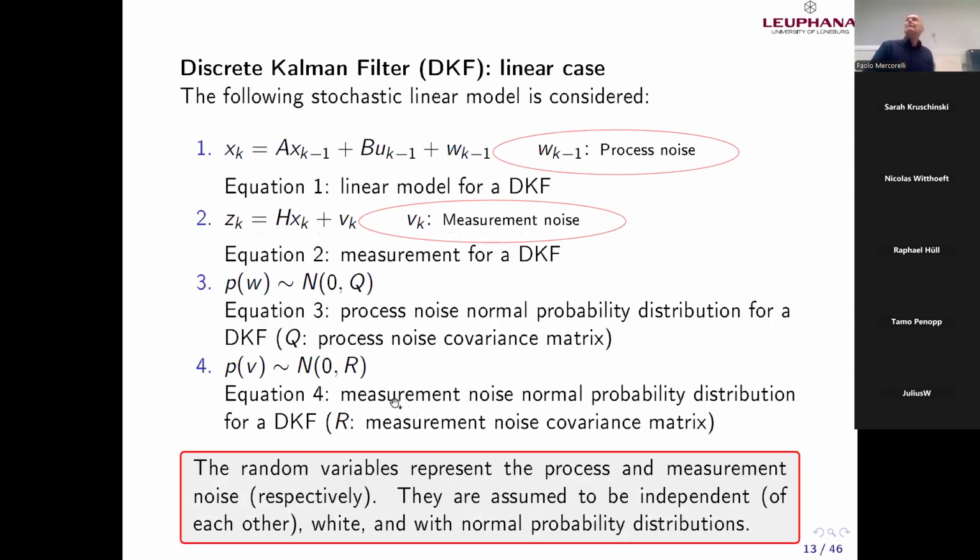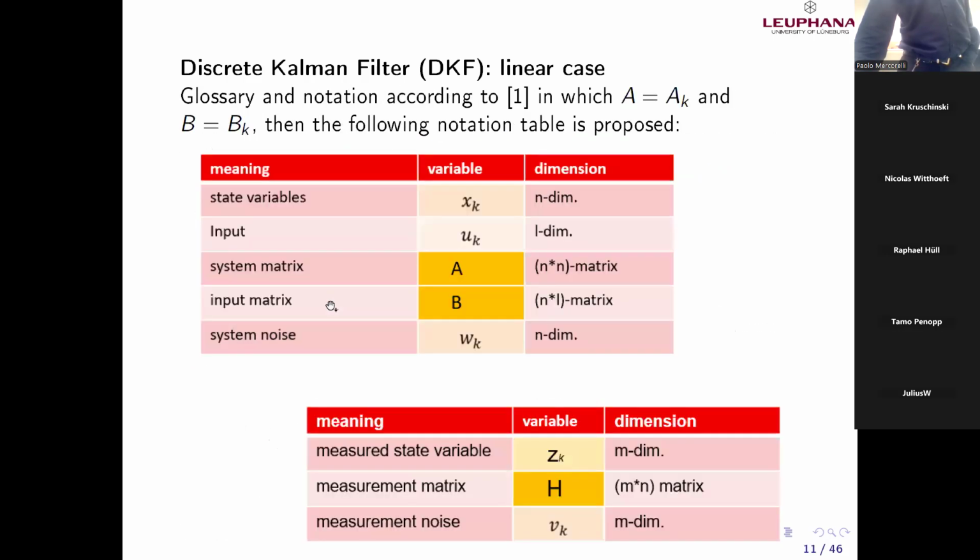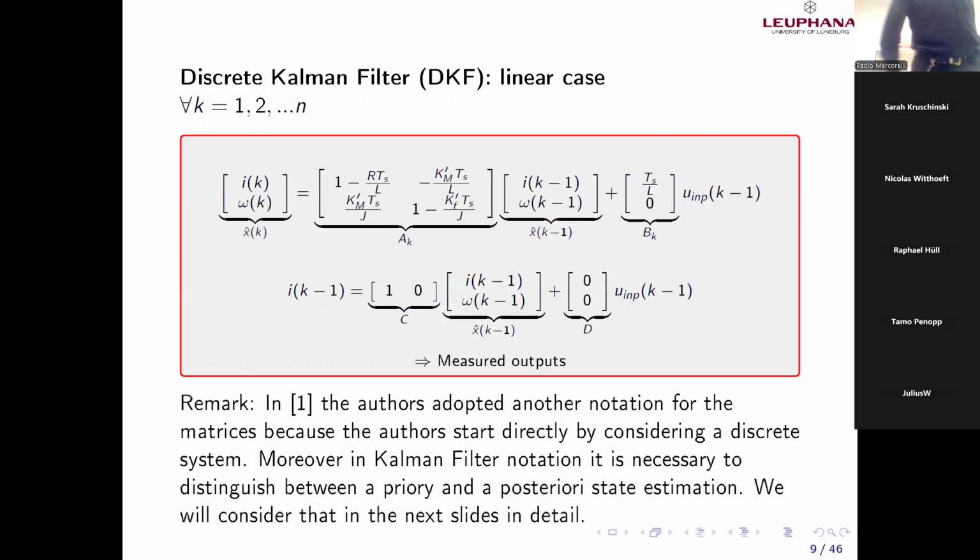Okay, now this is a little bit more difficult. It's a little bit more difficult here, but I try to simplify. Equation 1 is known somehow, because equation 1, or a part of equation 1, is what I already told you, at least if you don't consider W. This equation 1 is known because it's exactly what I told you here.